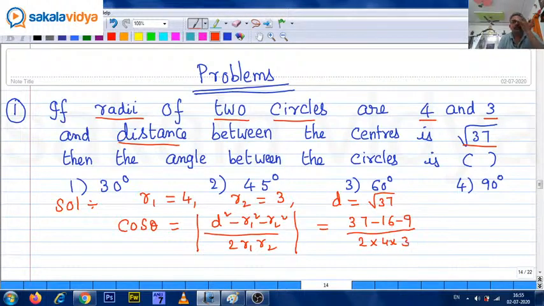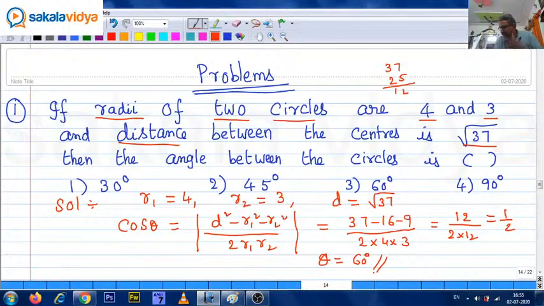So you are getting positive value, you remove the modulus sign, no problem. 37 minus 25, how much you will be getting? 12. So 12 upon 2 times 12, that's equal to 1 by 2. Therefore, theta is equal to 60 degrees. So we have third option is the right option.